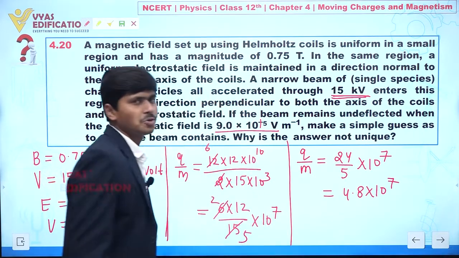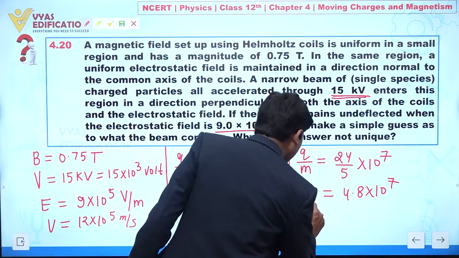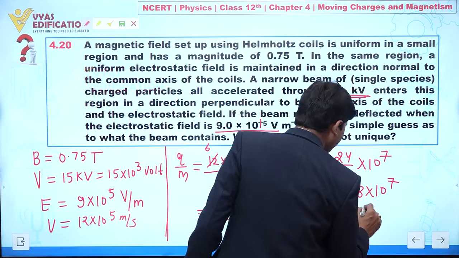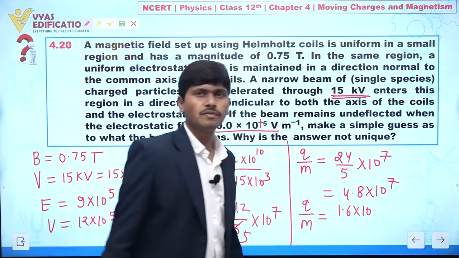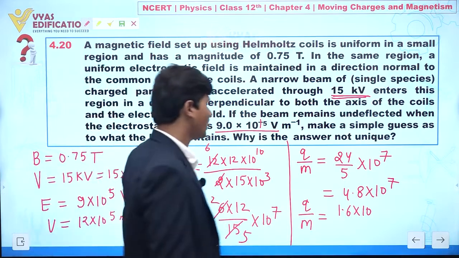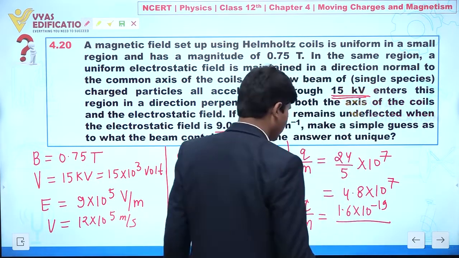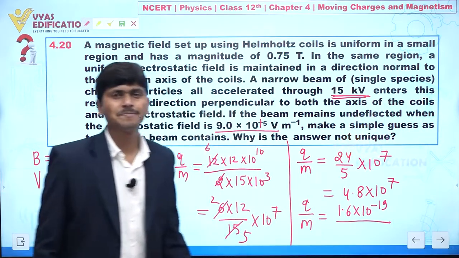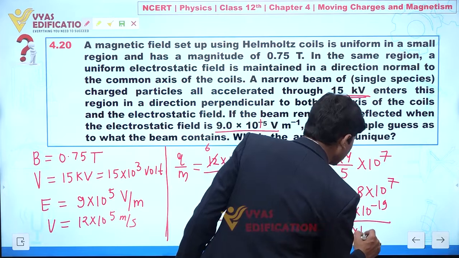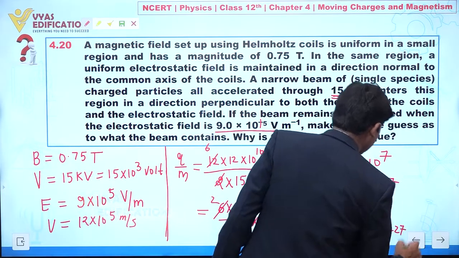Now dear student, if I calculate the charge to mass ratio for a deuteron, the charge of the deuteron is equal to the charge of a proton, that is 1.6 into 10 to the power minus 19, and its mass is 2 into the mass of a proton, 1.6 into 10 to the power minus 27 kg.